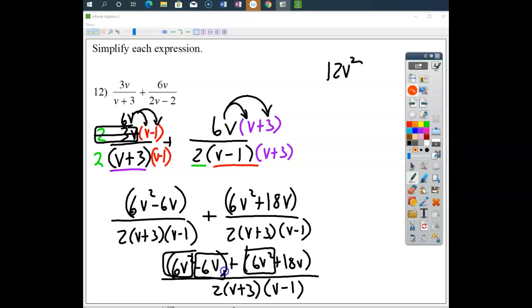And the negative 6v and the positive 18v is going to make 12v. And sometimes at the end, although not very often, you're going to have to reduce. So on the top, I see I could take a 12 out, actually a 12v.